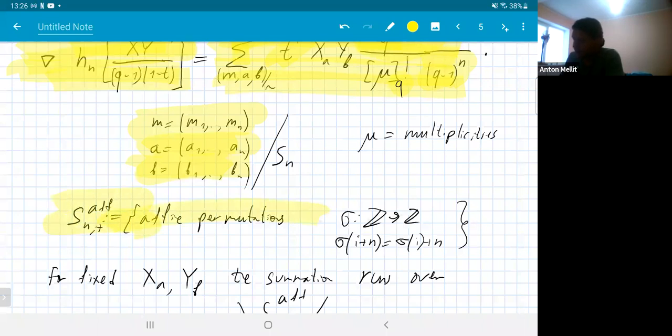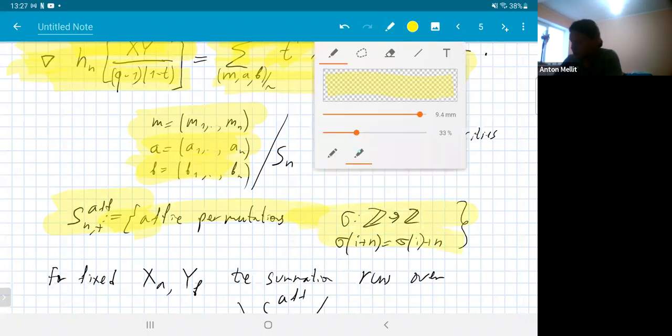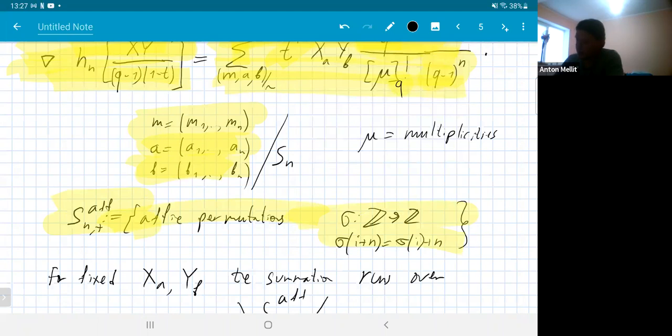These are bijections from Z to Z which are periodic with period n. Positive means that sigma of 1, sigma of 2, and so on are greater than 0, so they preserve the positive integers.